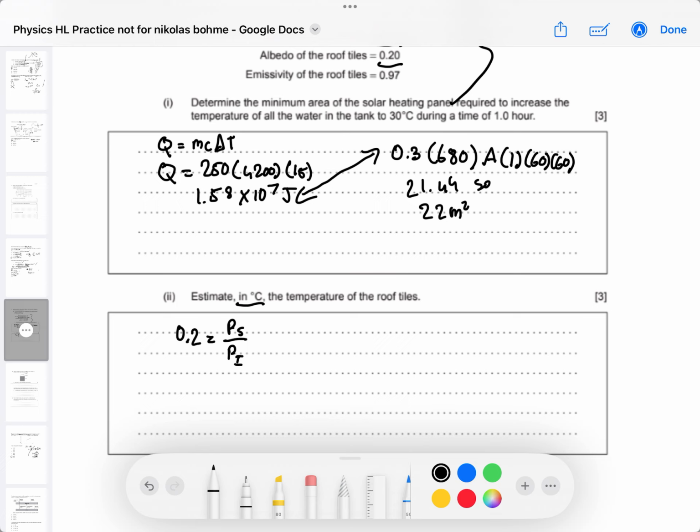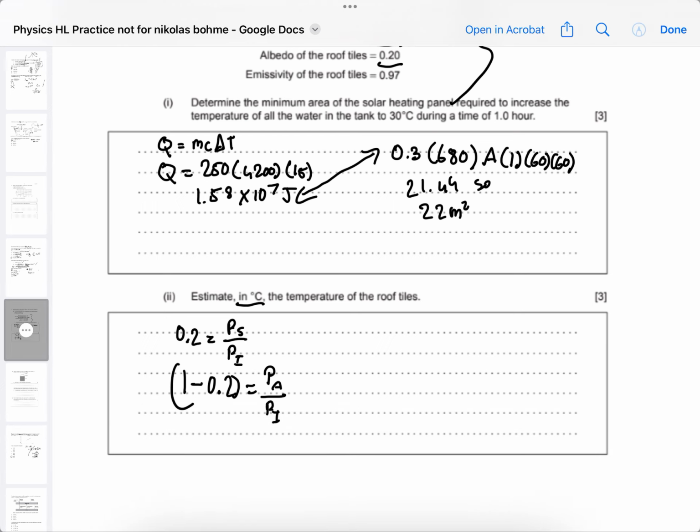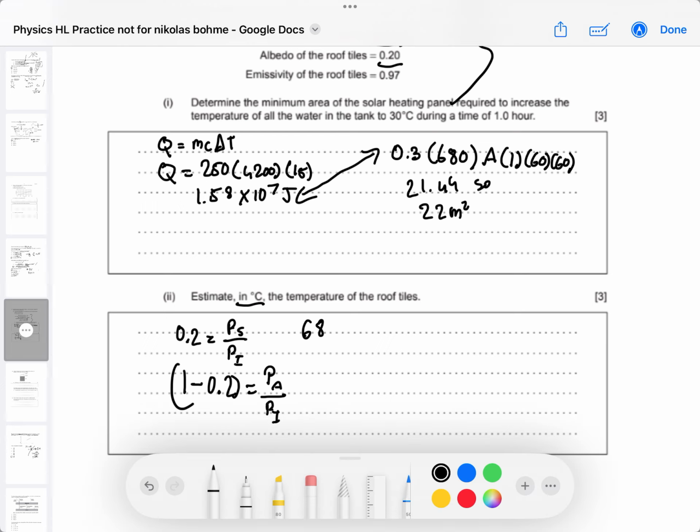If we multiply our value by 1 minus 0.2, we get the power which is being absorbed, so power absorbed over power incident. So the absorbed intensity is what we will get. Multiplying 680 by 0.8, we get 544 watts per meter squared.